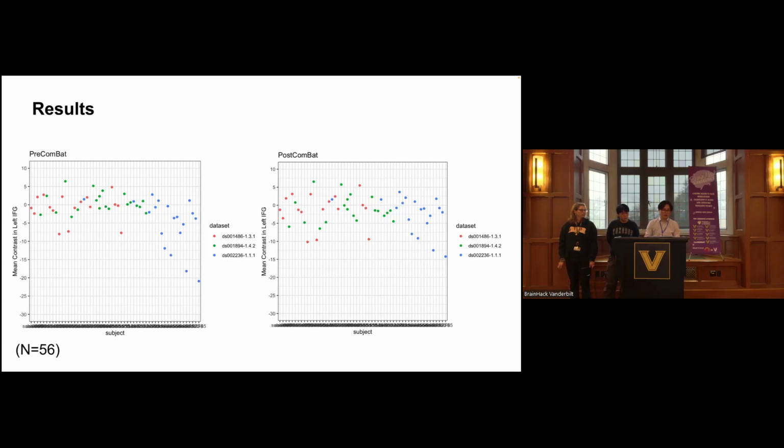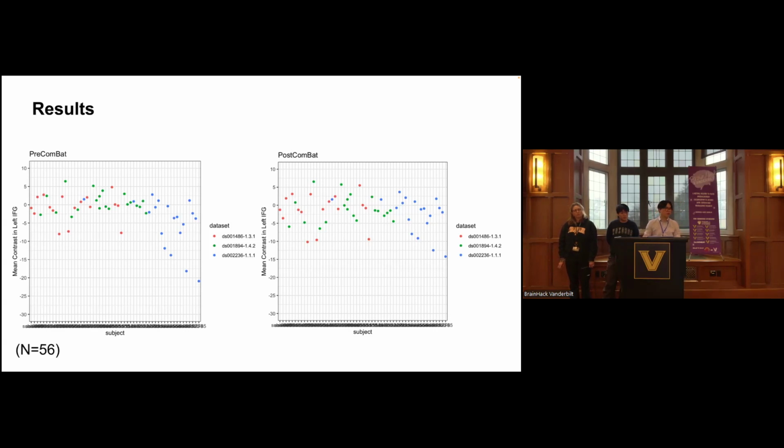One other thing I wanted to mention about this is the first two data sets, the green and the red. These two actually use the same scanner, but they use different imaging acquisition parameters. So it was also nice to see that even though they use the same scanner, the values sort of were in the same range.